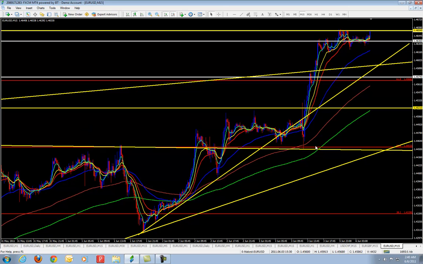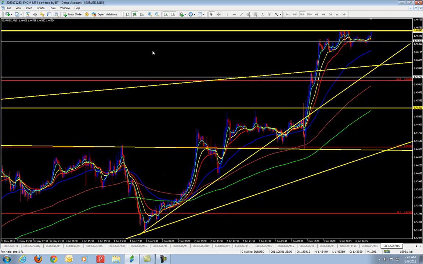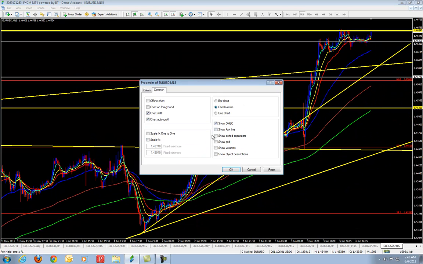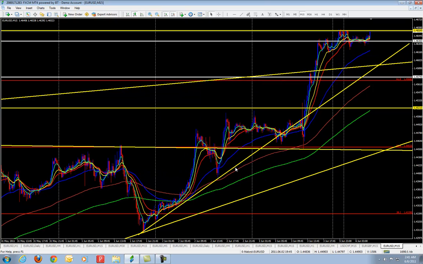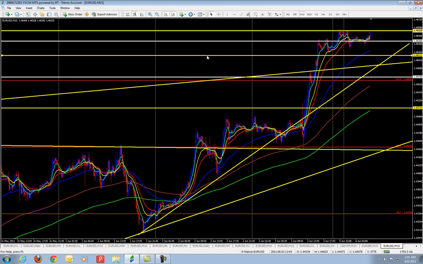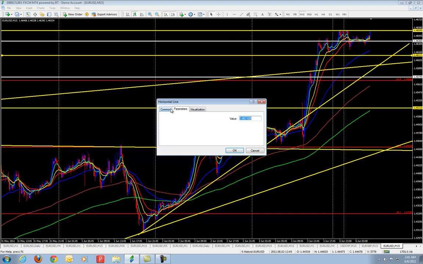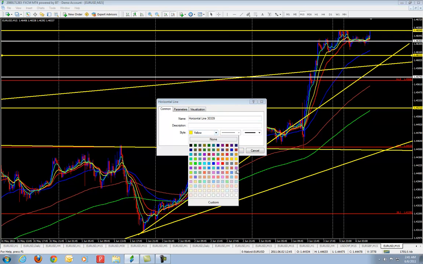So here we got our chart. It's totally made. It's the way we want it. There's something I forgot to add. One more thing. Put the period separators here for a second. And now I'm going to add 2 more lines. I'm going to color them orange.